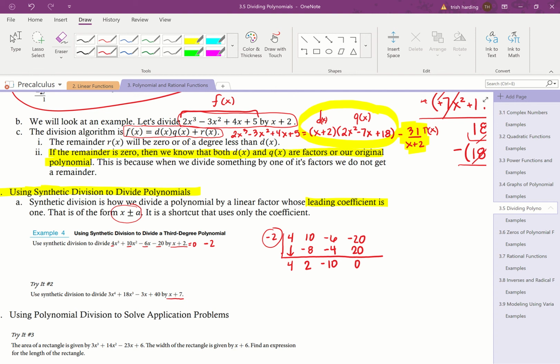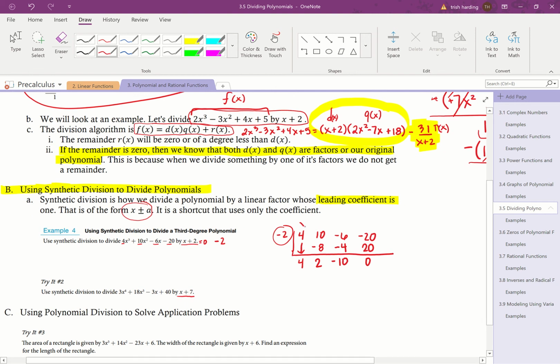So if I needed to put this back into some type of polynomial, I know that this was x cubed, this is x squared, this is x, and this is just c, our constant on the end. So now we are going to have this is x squared, this is x, and this is c, which means we will get f of x is equal to x plus 2 times 4x squared plus 2x minus 10.